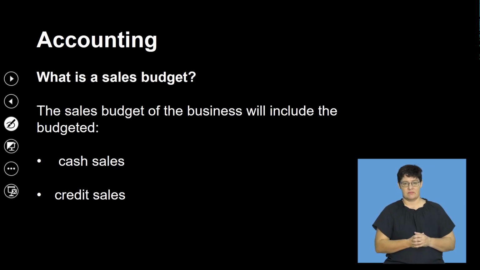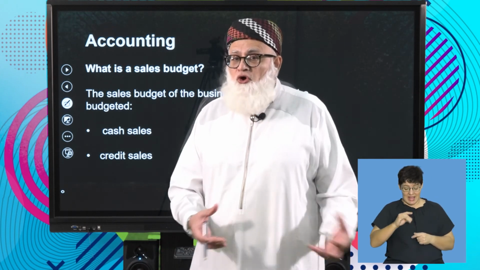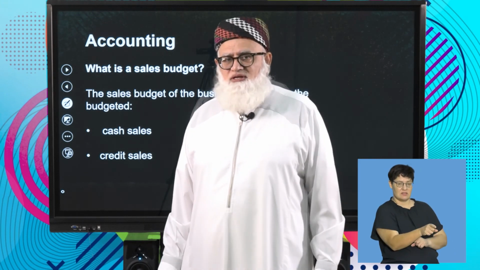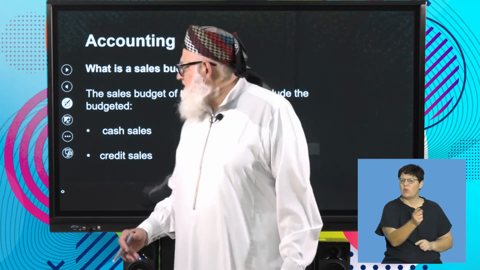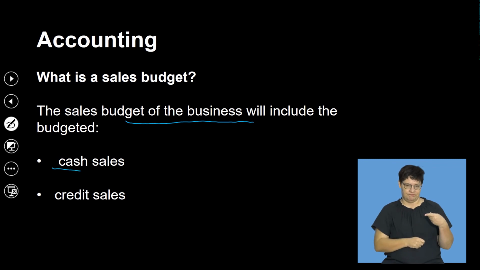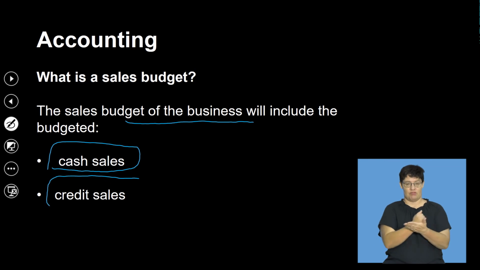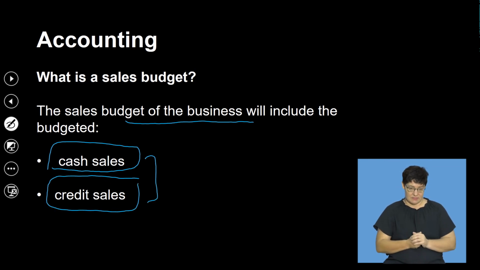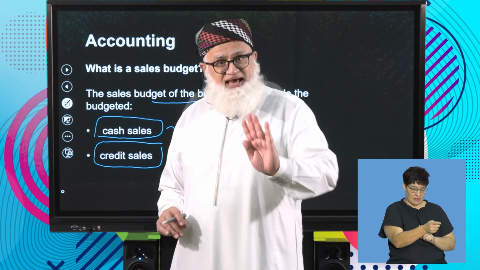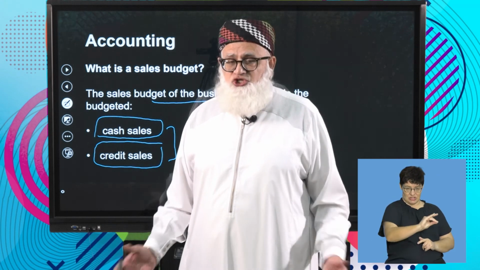Now we talk about a sales budget. Remember I said the other budgets would impact on your cash budget? The one that we look at in particular is your sales budget. So what is the sales budget all about? The sales budget of the business will include, one, your cash sales, and two, your credit sales. Cash sales are where the customer comes in, buys the goods and pays cash.